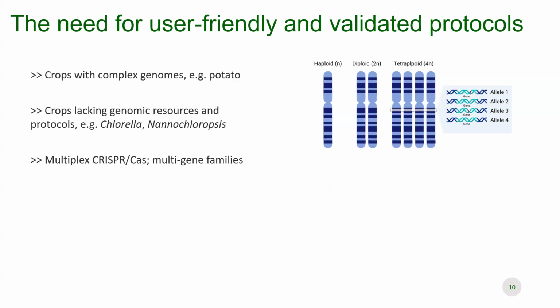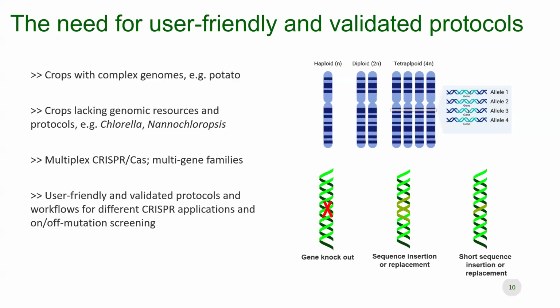We also wanted to do multiplex CRISPR-Cas and target multi-gene families. So that's also a very challenging strategy of gene editing. So having user-friendly and validated protocols and workflows for different CRISPR applications would be very helpful.